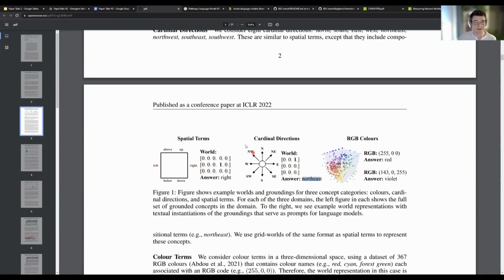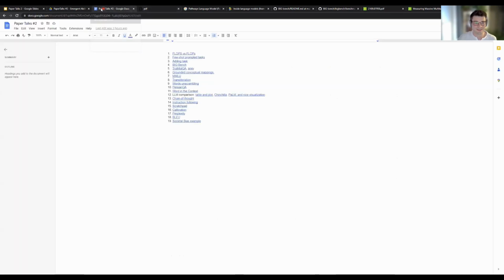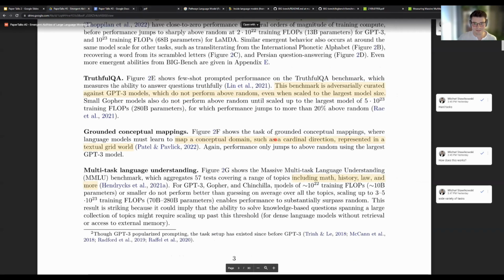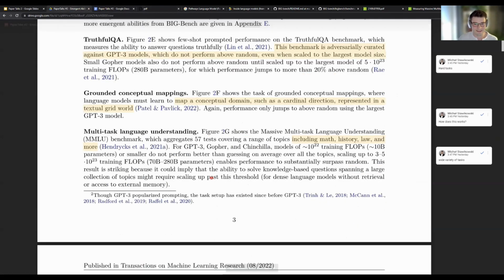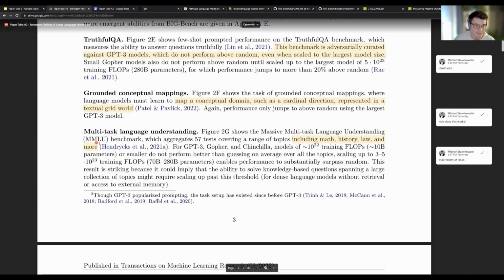Yeah, but I was very interested in all of these different tasks, because they are pretty ingenious, I think. And this one is also interesting. It is the multitask language understanding benchmark, and they include math, history, law, and different tasks for this group of benchmarks.